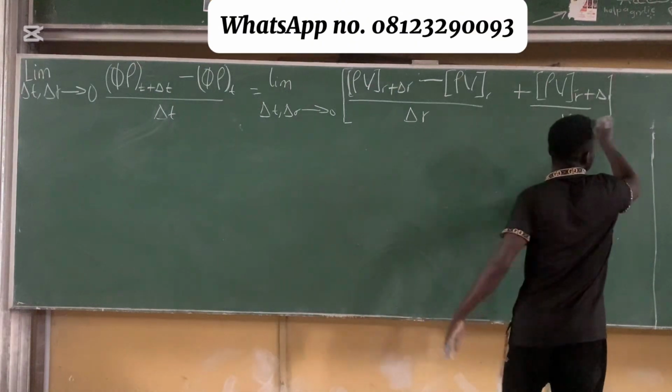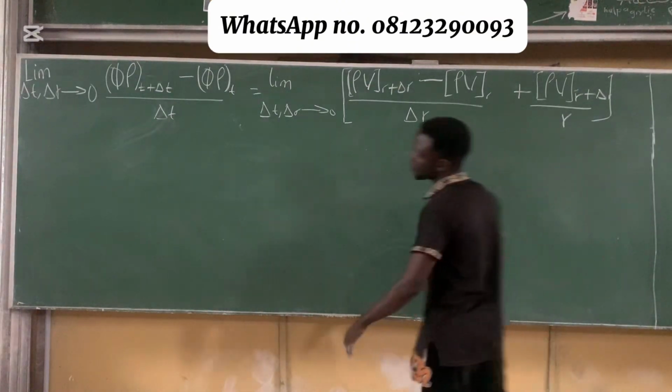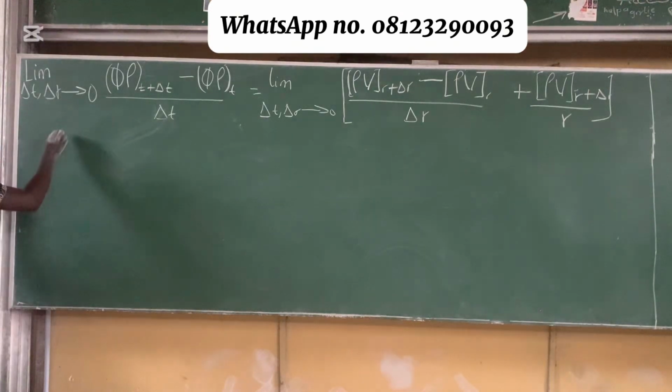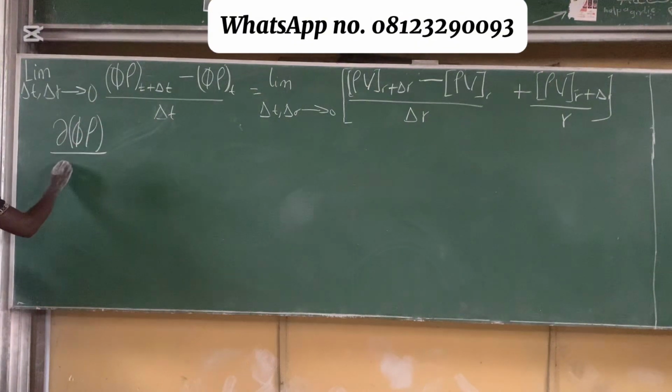So if we limit this to 0 here, we are going to have partial phi rho divided by what?